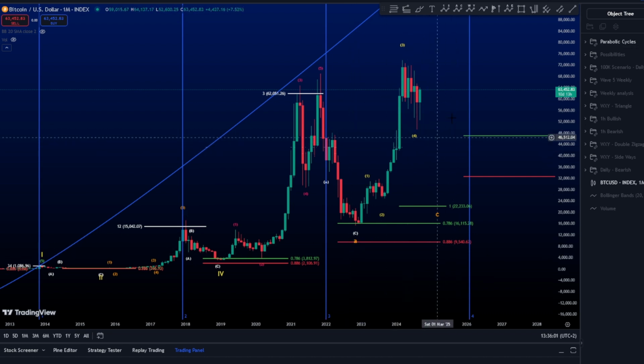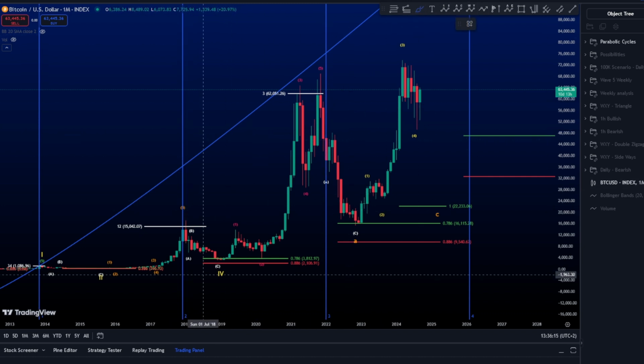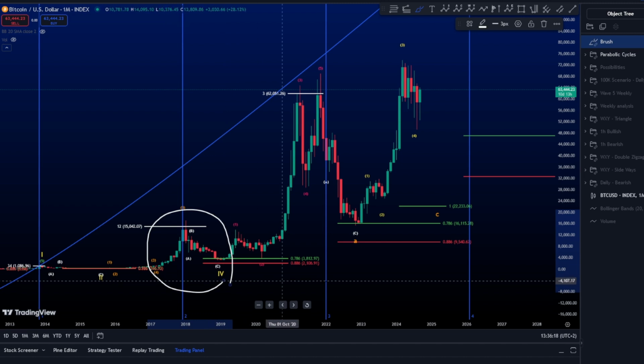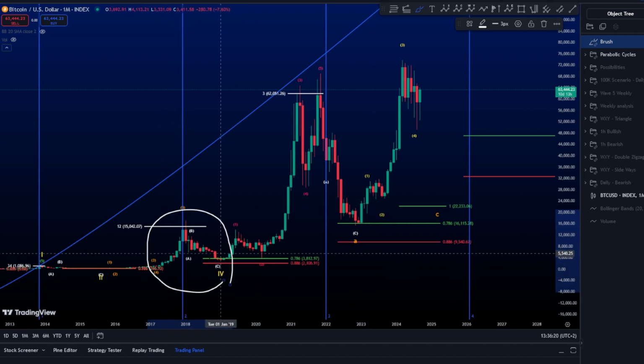So starting on the monthly chart here, you can see the automatic chart, not the logarithmic. I would like to share the normal chart here without logarithm. However, of course, with logarithm it gives you a much clearer side view of what's going on in this part.